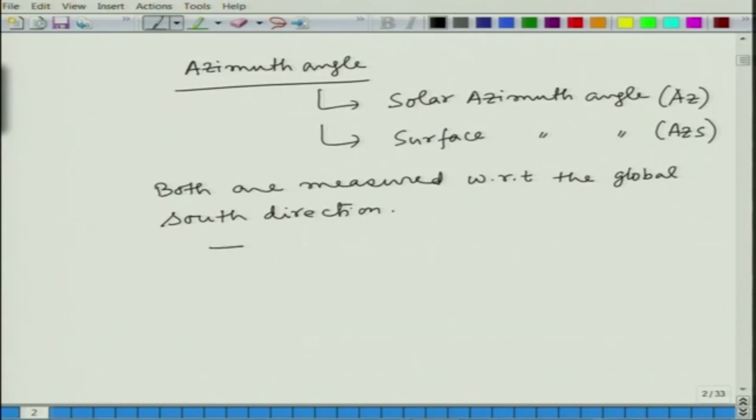And from south direction, if you go west, it is taken to be positive azimuth. Okay. And if you go east, it is taken to be negative azimuth. Okay. And that is true for both the solar and surface azimuth angles.